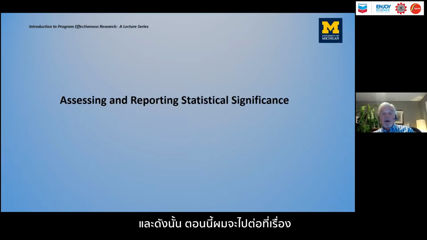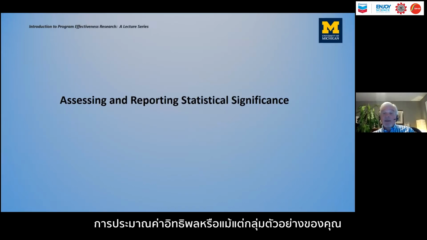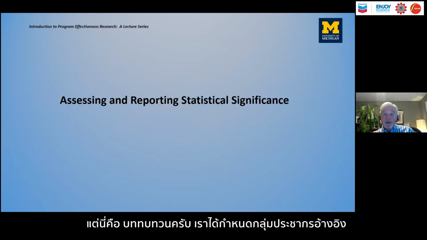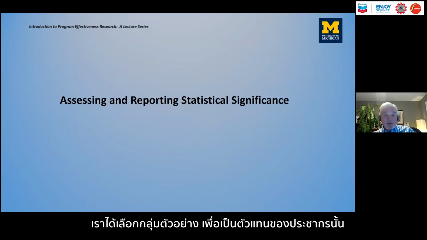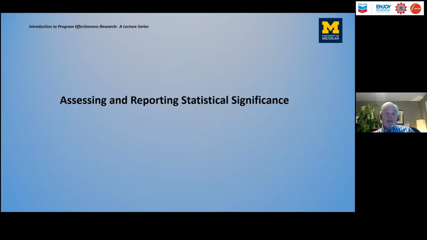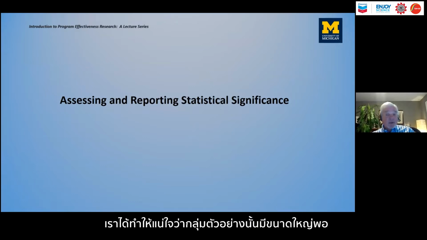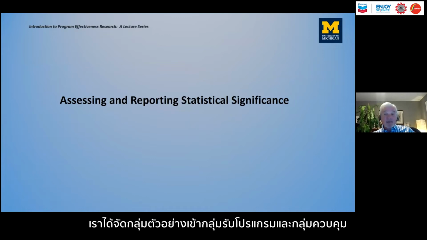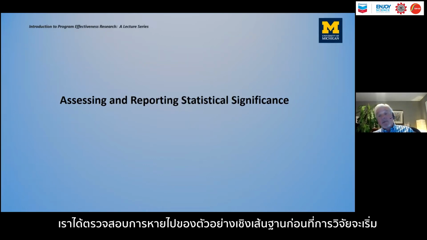And so I'm going to move now to the estimation of effects given your sample. But here is the review. We've defined an inference population. We've chosen a sample to represent that population. We have made sure that that sample is of sufficient size. We have allocated the sample to treatment and control. We checked for baseline equivalence before the study began.